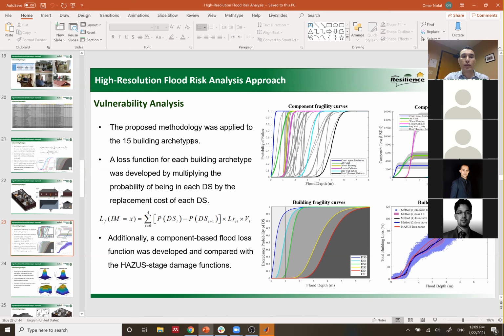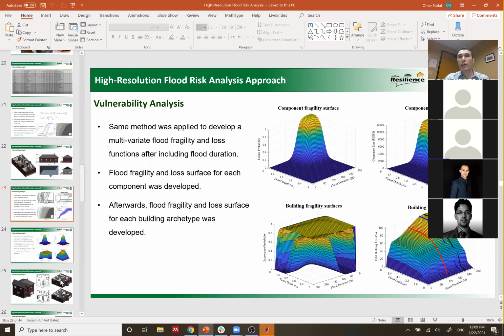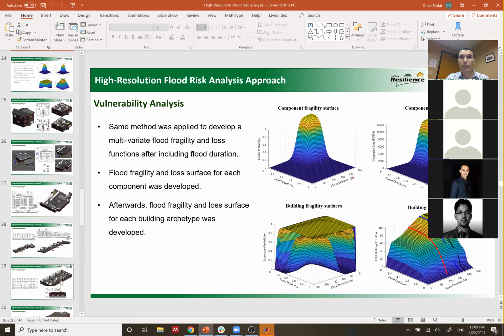What if I merged all these 15 building archetypes into one and got the average loss and damage function for all of the 15? Or let's go up with the resolution and say one archetype is used for residential buildings, this curve will be used for commercial buildings, and this curve will be used for service buildings or hospitals or schools.